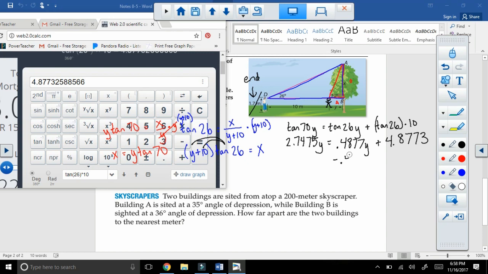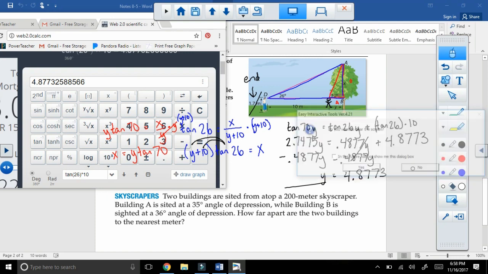So I'm going to be subtracting that number over, and whatever that is, I'm going to have something times y, and then remember what I'm going to have to do to finish solving is I'm going to have to divide by whatever that number is. So I'm just kind of getting this set up so that I don't have to keep going back and forth.